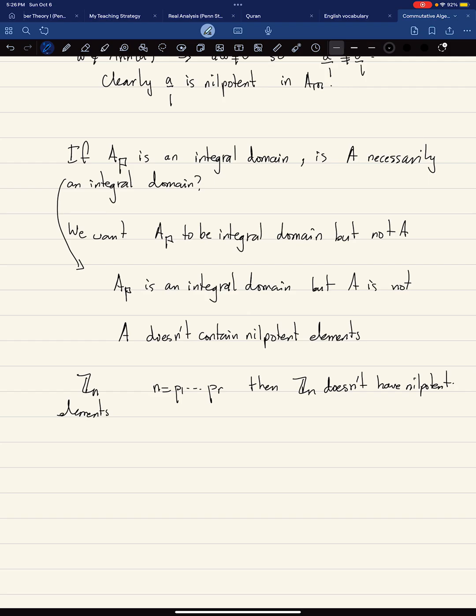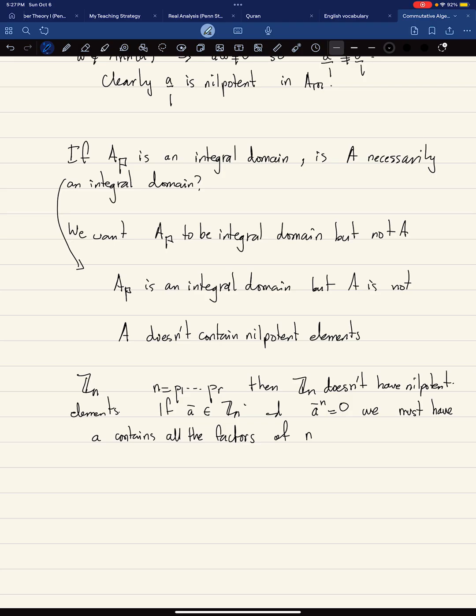Because in order for an element a to belong to Z_n and a^n equal to 0, we must have that a contains all the factors of n. So in this case, if it contains all the factors of n which are distinct primes, then it must be a multiple of n, and so it should be 0.